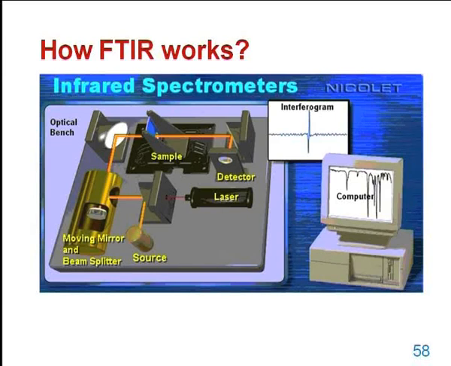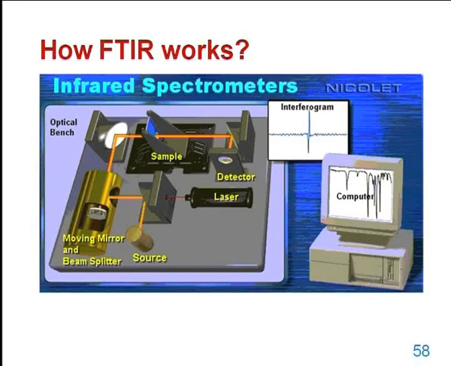The mirror which is moving will generate the interference in the radiation reaching the detector. Since all the wavelengths are passing through the interferometer, the interferogram is a complex pattern. Then it uses the Fourier transform, used in both qualitative and quantitative analysis. This is how the FTIR works.